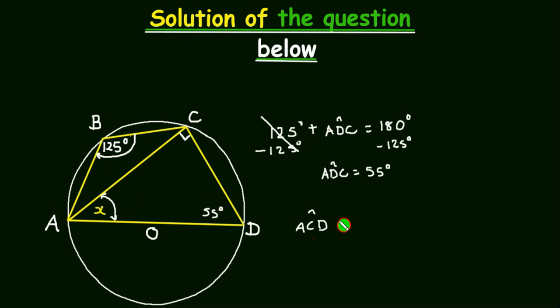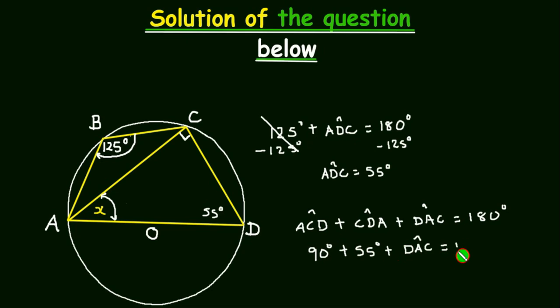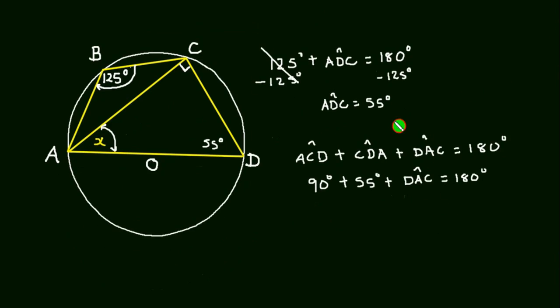So this is what we do. ACD plus CDA plus DAC must give you 180 degrees. So what is ACD? ACD is 90 degrees. CDA, we know that it's 55 degrees, and the DAC is what we need to find, and this must give you 180 degrees. So 90 plus 55 will give us 145 degrees plus DAC equal to 180 degrees.